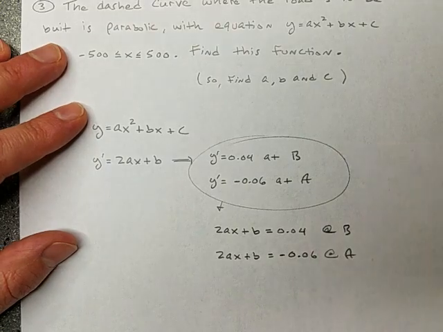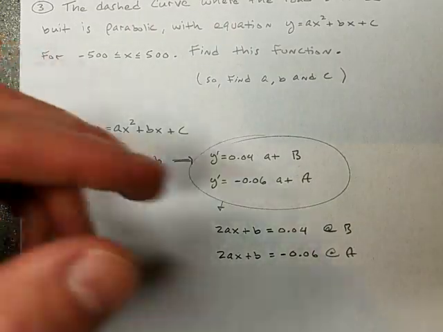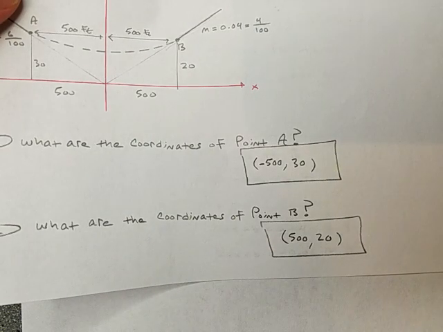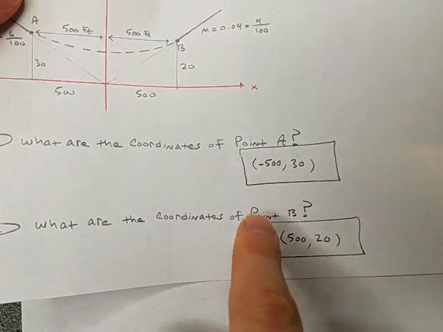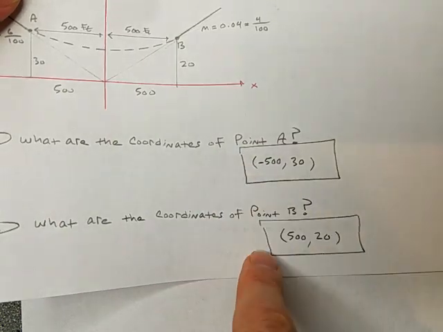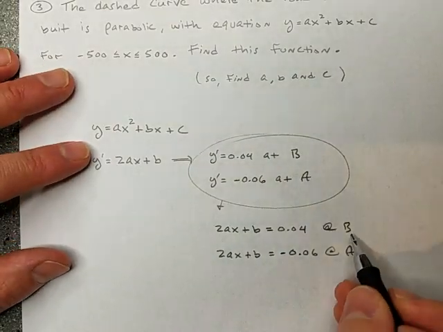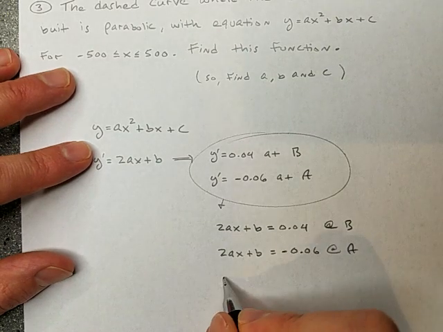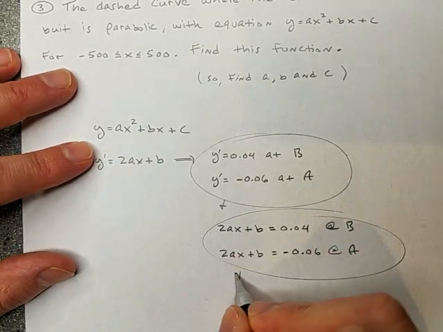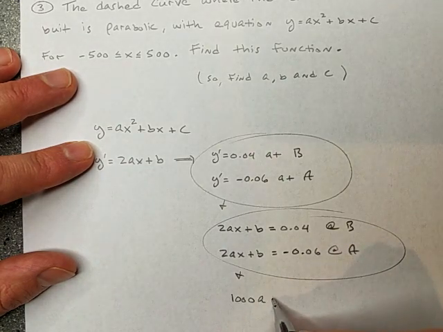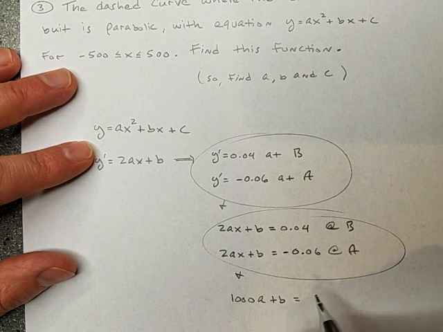Do we know anything else about that? Well, yeah, we know the coordinates for point A and point B. So we should use that information too. Like the x-coordinates, negative 500 and 500 for points A and B. Okay, so let's see. So at point B, the x-coordinate's 500. So I'll get 1000A plus B equals 0.04.